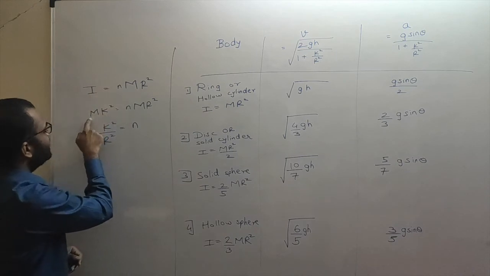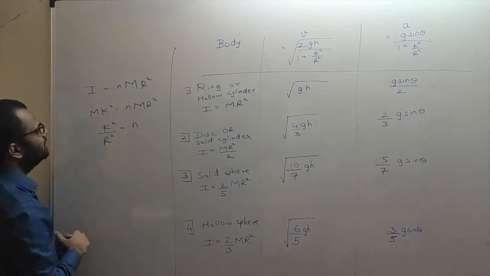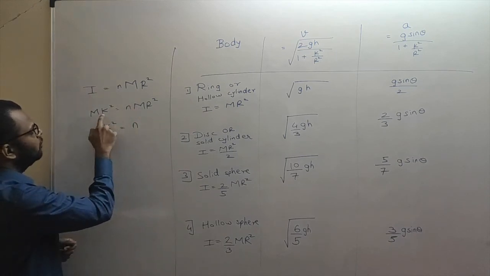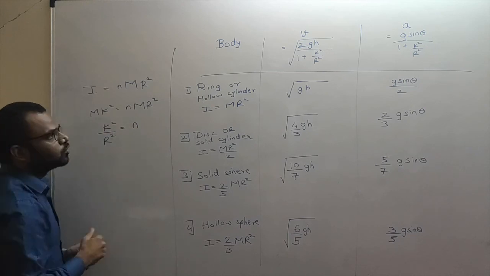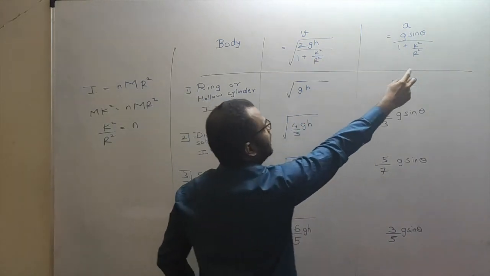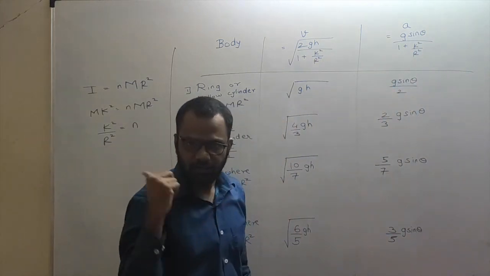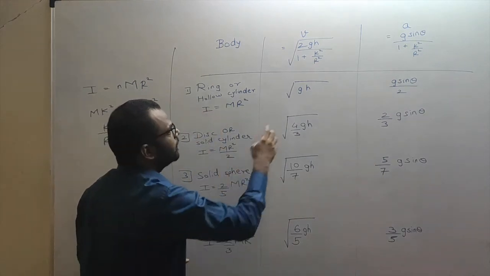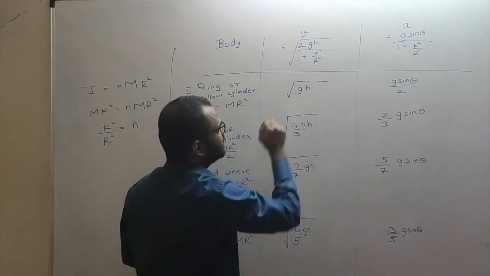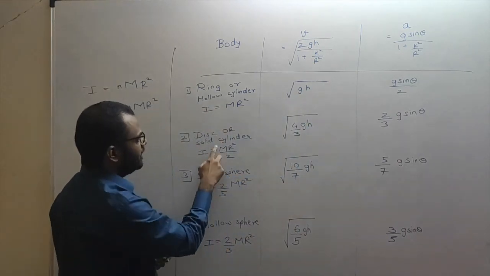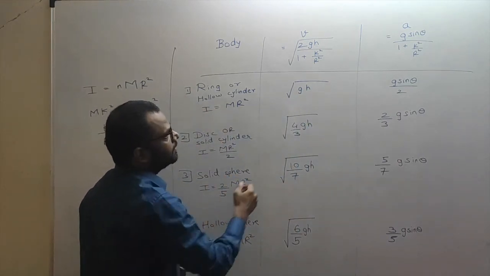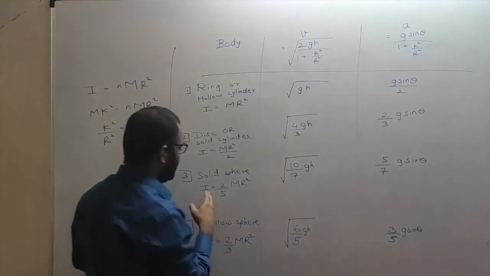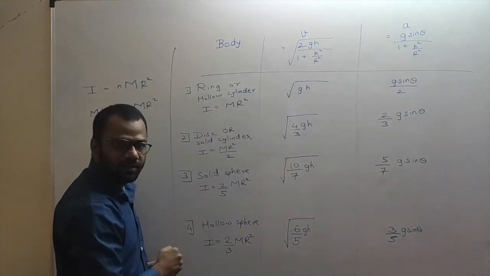Now I can be written as mk square, so m and m will get cancelled. Now n will be nothing but equal to k square upon r square. So this term k square upon r square is nothing but n. In this case n was 1, so put k square upon r square as 1, you will get this result. In this case n is 1 by 2, put 1 by 2. In this case n will be 2 by 5.